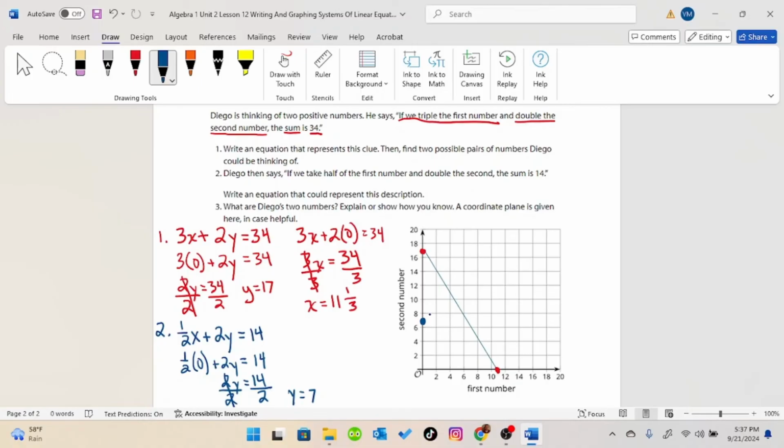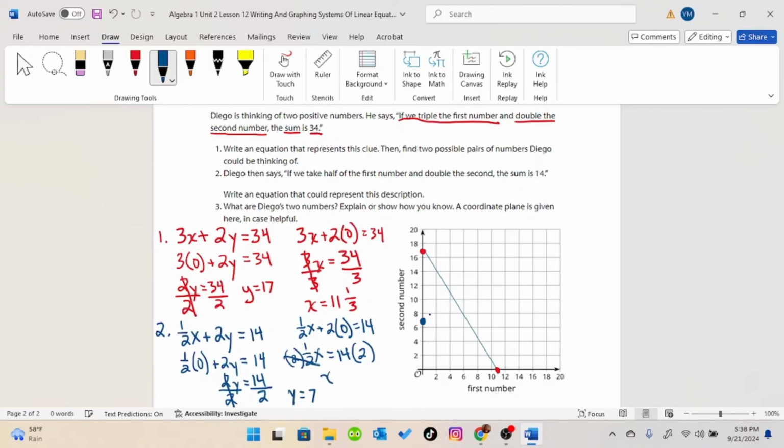Next, we're going to let y equal 0. 1/2 x plus 2 times 0 equals 14. 1/2 x equals 14. We are going to multiply both sides by 2. 2 times 1/2 is 1.